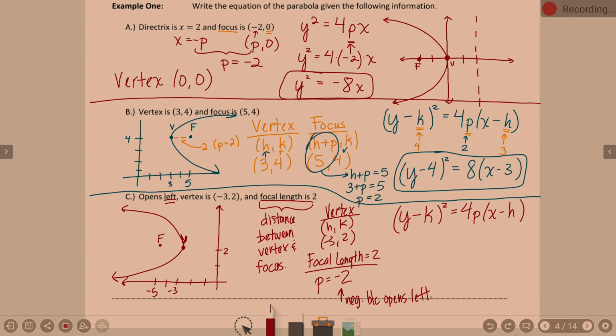Okay, that's the equation you're filling in if you haven't already. Y minus 2 quantity squared equals 4p. What's 4p going to be? -8 times x minus -3, which does become x plus 3.